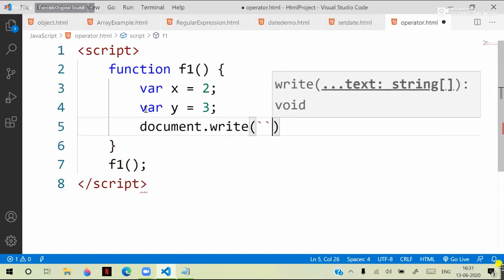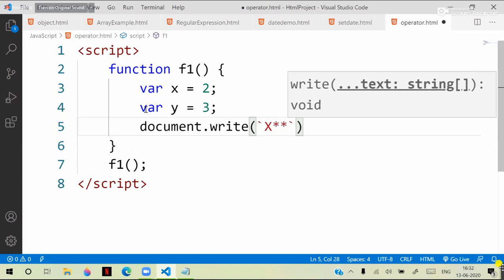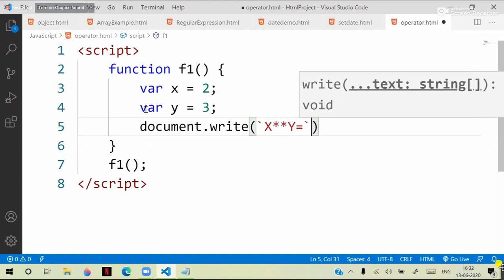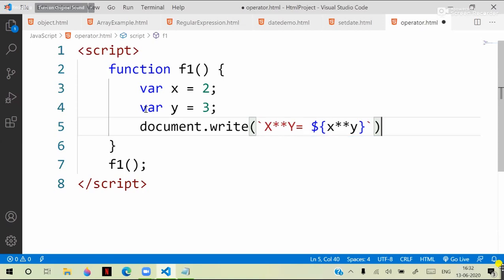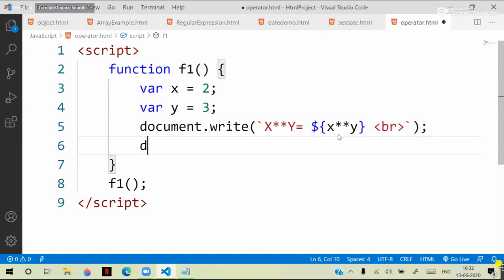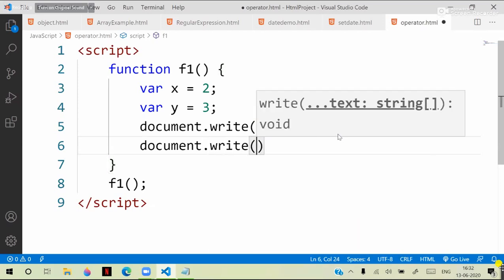I will put an operation like this. So x double asterisk y is equal to, we put an expression here. So this will return the power.